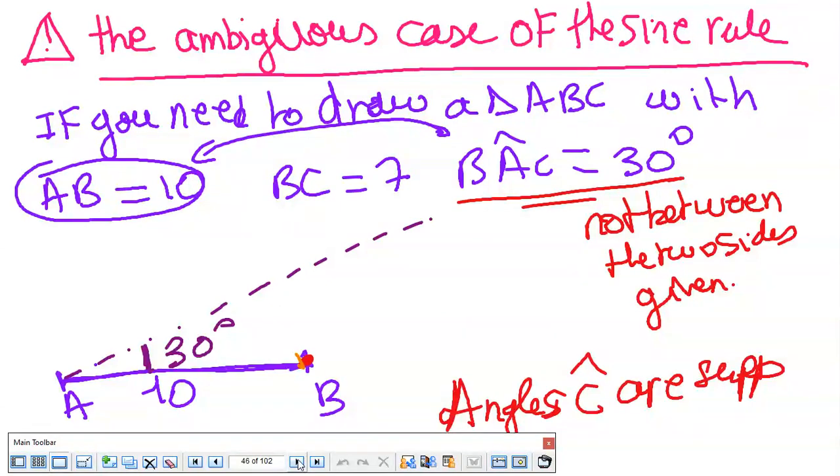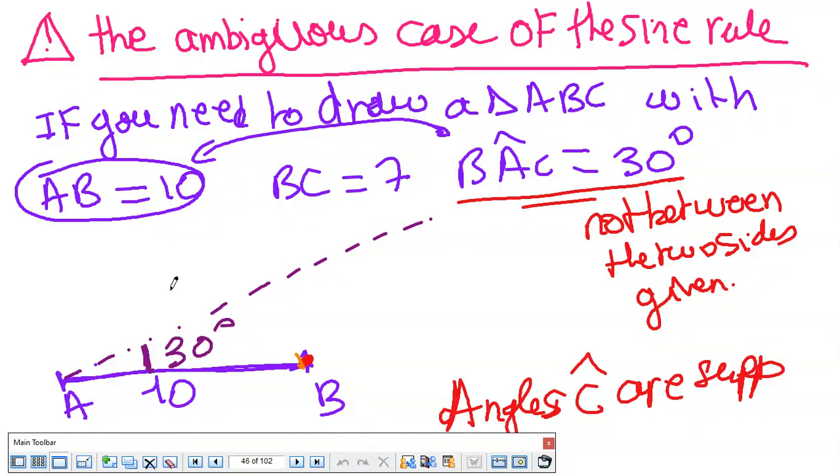But for the law of sine, we have also something very important that we can use. It's called the ambiguous case of the sine rule. They gave me the information that AB is 10, BC is 7, and BAC is 30 degrees. You can see that the angle that is given is not between the two sides that they gave me.